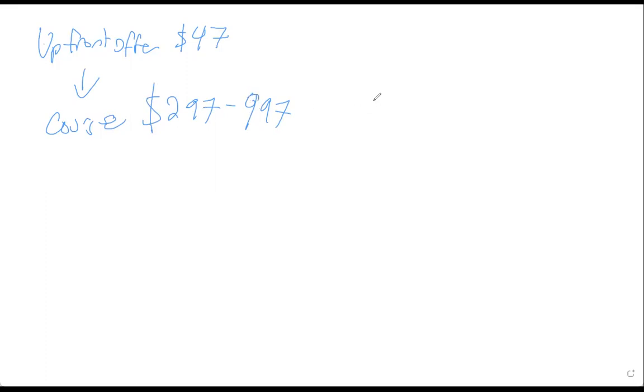Keep in mind that at $297 and below, you don't need to schedule an appointment. But anything $297 plus, you have to schedule another appointment in order to close them. For example, my course teaches exactly how to run Facebook ads.